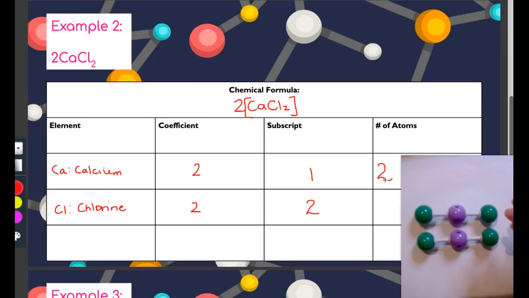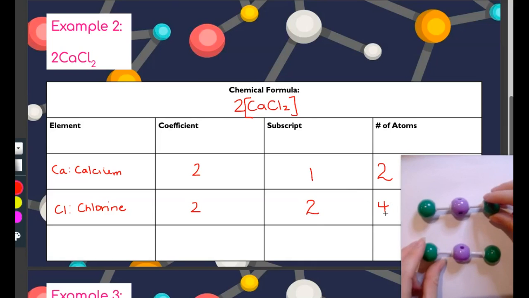And for chlorine, we have 2 times 2, which gives us 4. And here we have the structure, the type, and the number of atoms present in 2CaCl2.